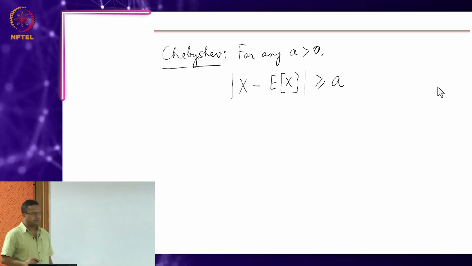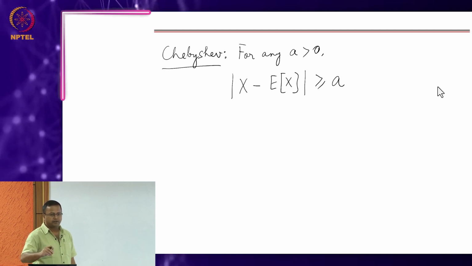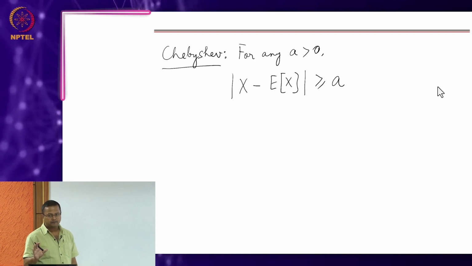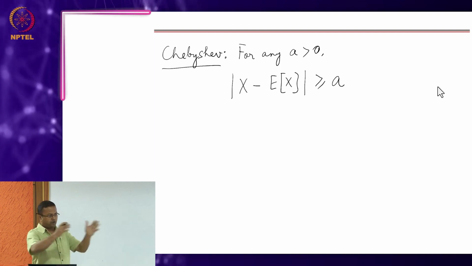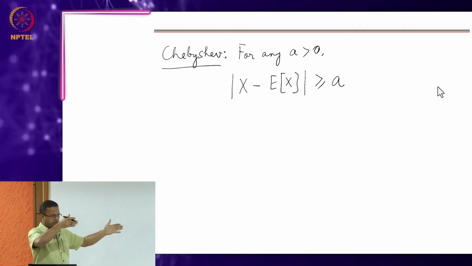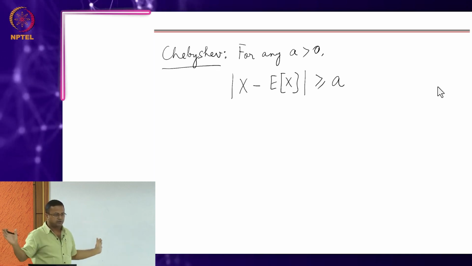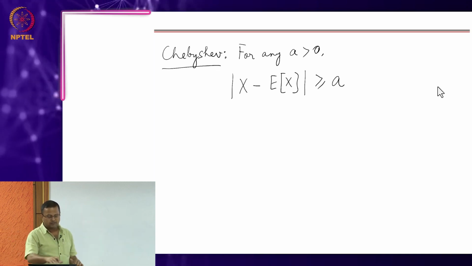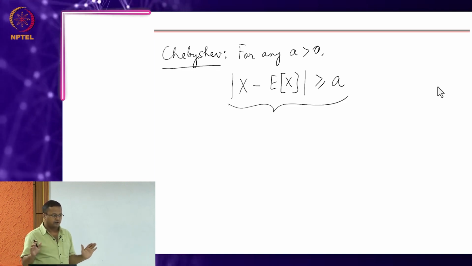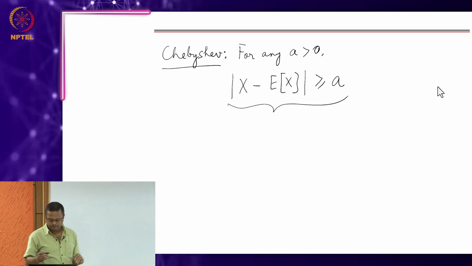First look at this. The set of random variables satisfying this inequality is a set. I look at all values of this random variable, subtract it from its expectation, and say that the mod of this quantity is greater than or equal to a. So this expression gives you a set of values that this random variable will take. So this is a set. Agree to that? Fine.